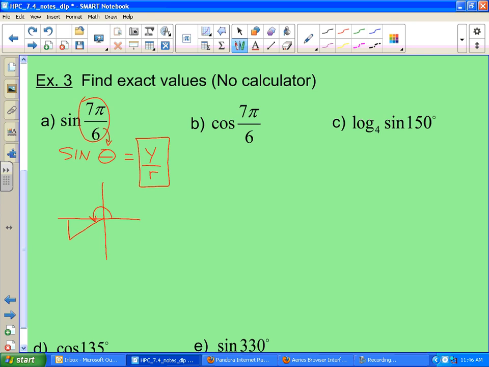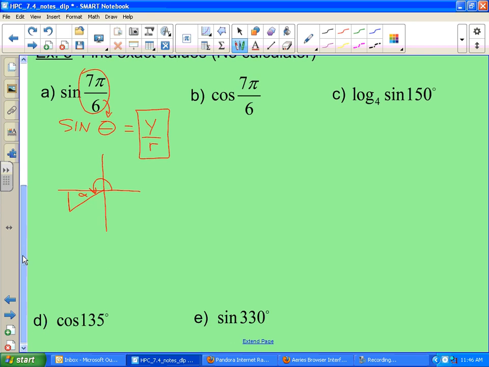But what we need out of this is not the fact for 7 pi over 6, we need the alpha. What's the alpha of 7 pi over 6? It's 30 degrees. I already told you that. Think about it in terms of our rule: pi minus theta.